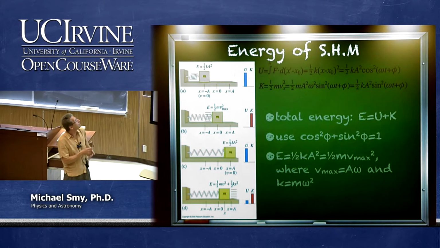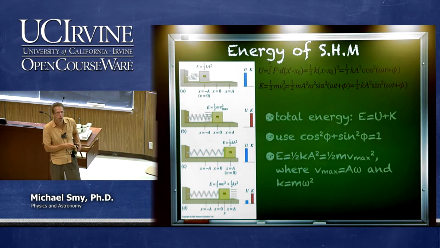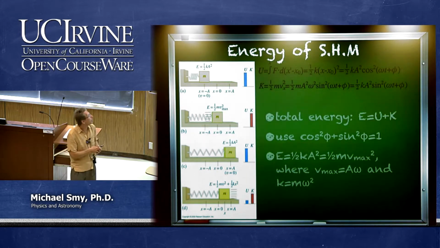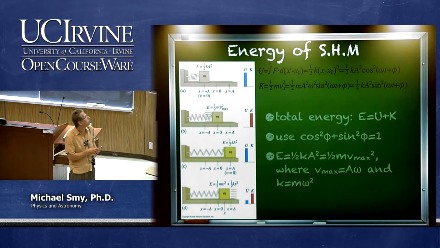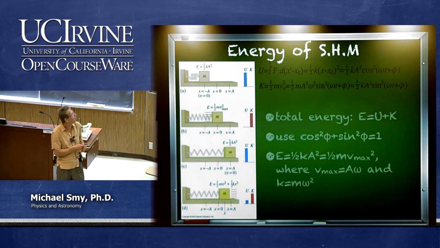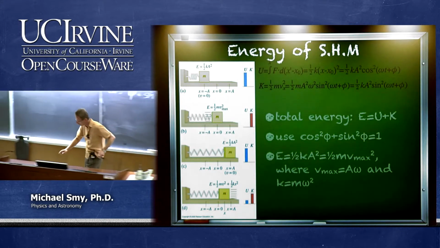So what we didn't cover last time is the energy of the simple harmonic motion. One component of the energy we already have, and that is the potential energy, which was this quadratic function that I just erased.